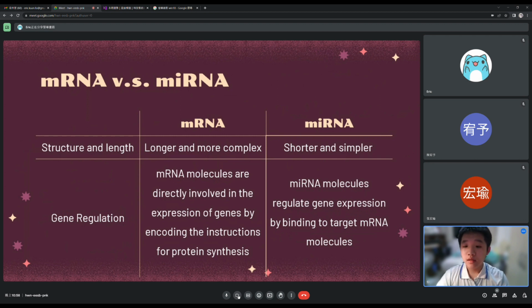But mRNA is present in both eukaryotic and prokaryotic cells. In gene expression and regulation, mRNA molecules are directly involved in the expression of genes by encoding the instructions for protein synthesis, but microRNA regulates gene expression by binding to target mRNA molecules.